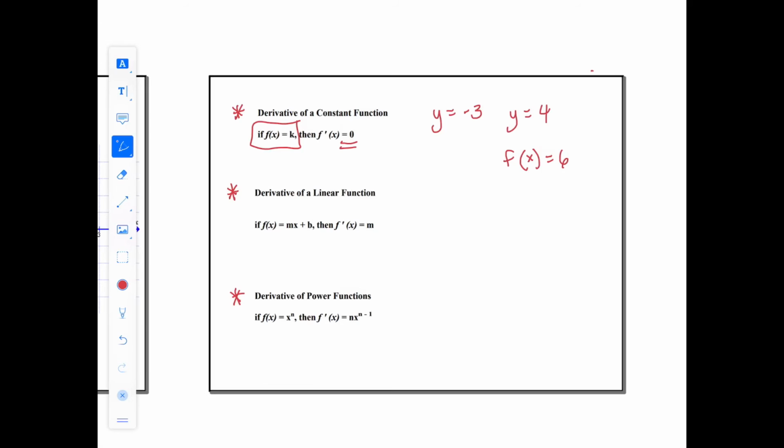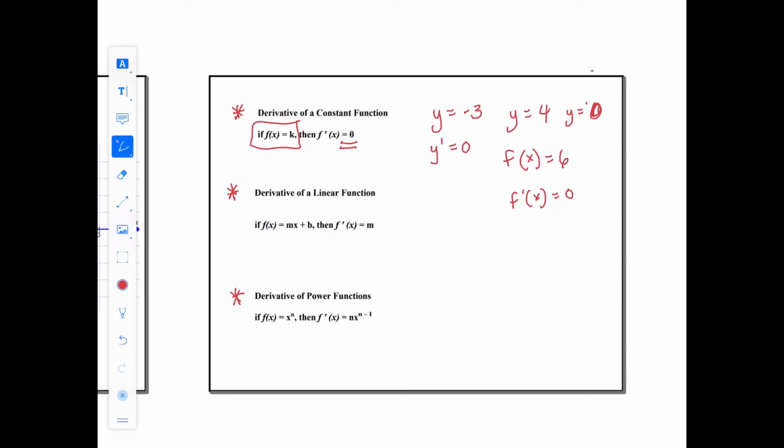So I could say in this example that y prime, that's the slope, would equal 0. For all three of these, y prime would equal 0. And here we would identify it as f prime of x would be 0.